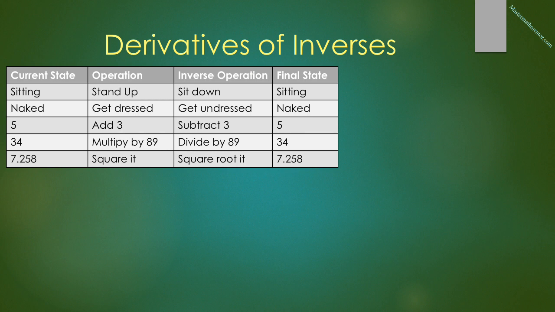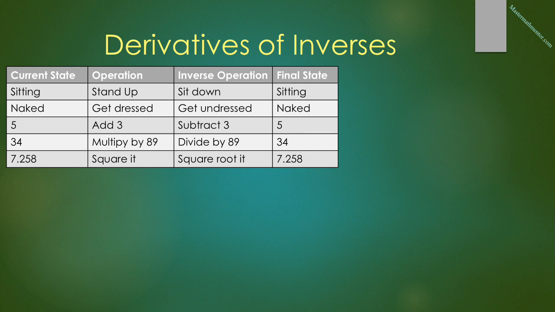If we start with 5, add 3, and then immediately subtract 3, we're back to 5. If we start with the number 34, multiply it by 89, and then divide it by 89, we are back to 34.